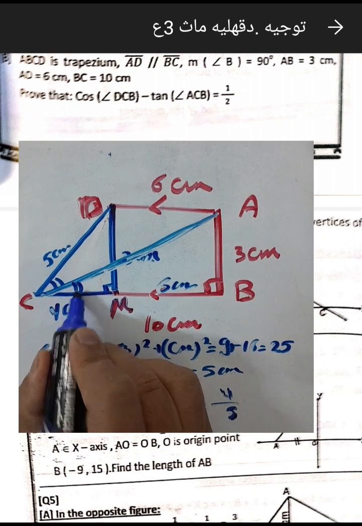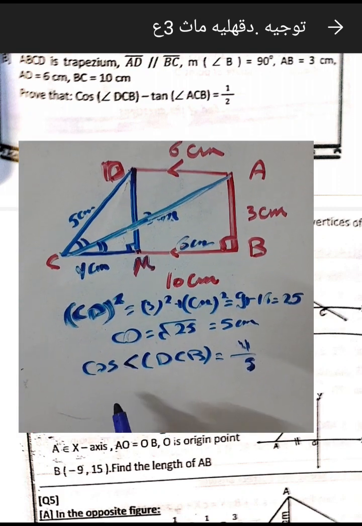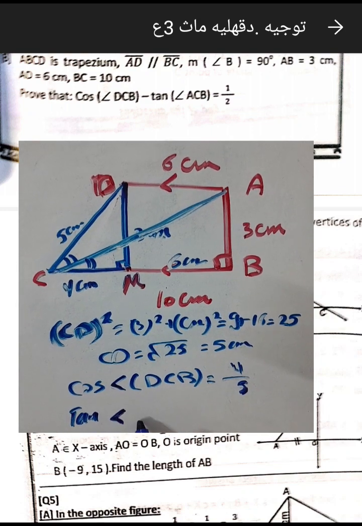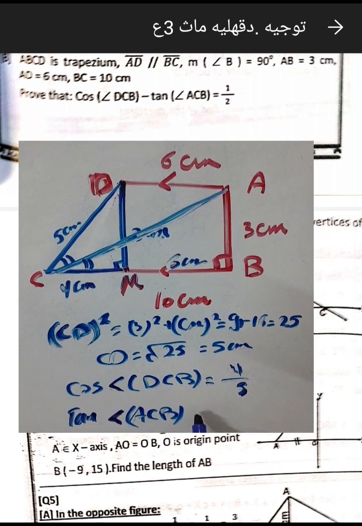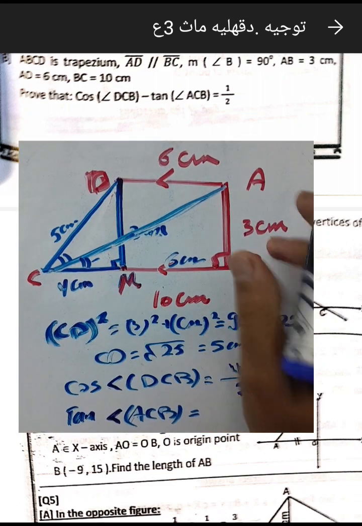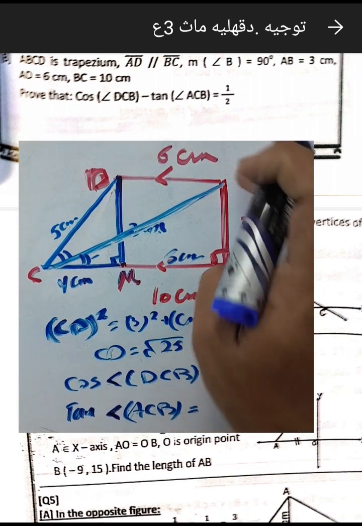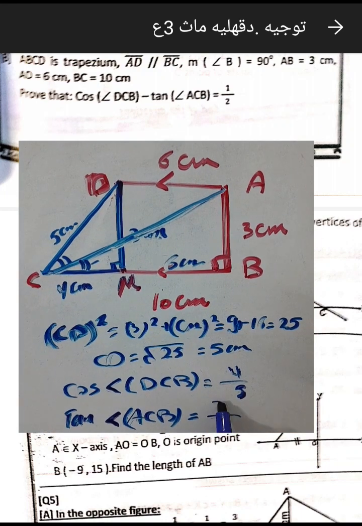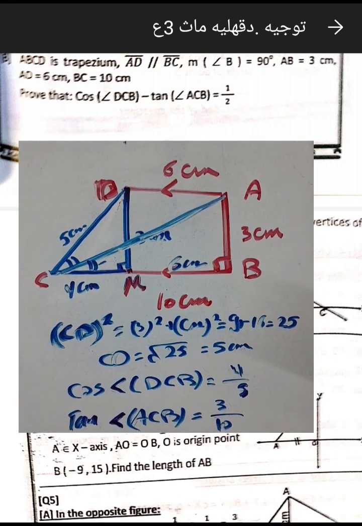Okay, this angle ACB, we can find tan. Tan equals opposite over adjacent, 3 over 10, from this triangle ABC, right? 3 over 10. Then we can find the difference between them.